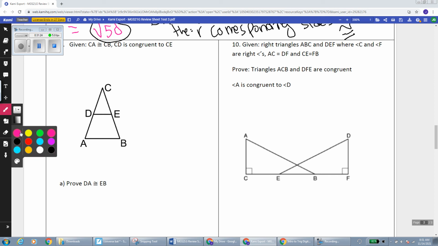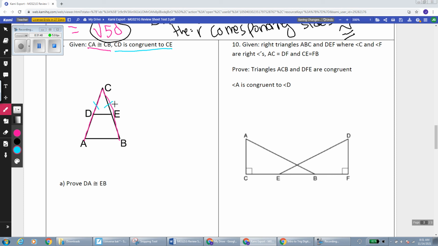So we're given that CA is congruent to CB. So CA and oops, that was a terrible highlighting job here. And CB, okay, I'm leaving it. I'm not fixing it. And we're also told that CD is congruent to CE.